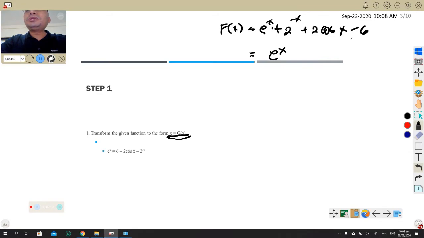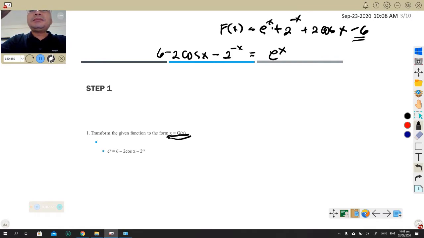Then we move the others to the other side: the negative 6 becomes positive 6, the positive 2 cosine x becomes minus 2 cosine x, and the positive 2 raised to negative x becomes minus 2 raised to negative x.